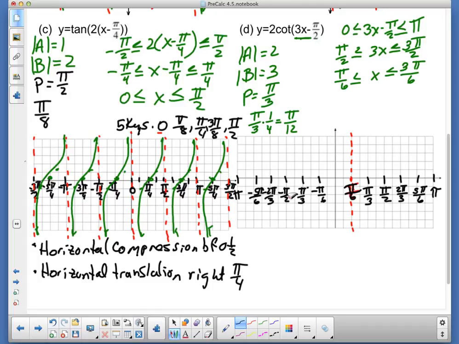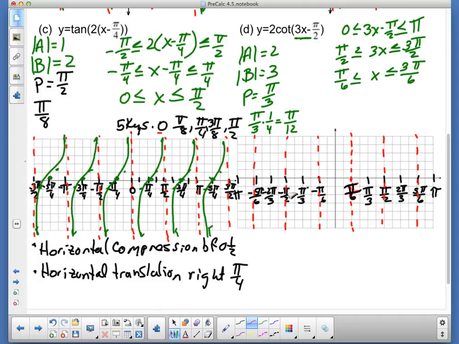And I'm not changing this any as far as the axis. I've shifted it over, so it's pi over 6s and pi over 2 and 5 pi over 6, and then back here at negative pi over 6 and negative pi over 2 and negative 5 pi over 6.